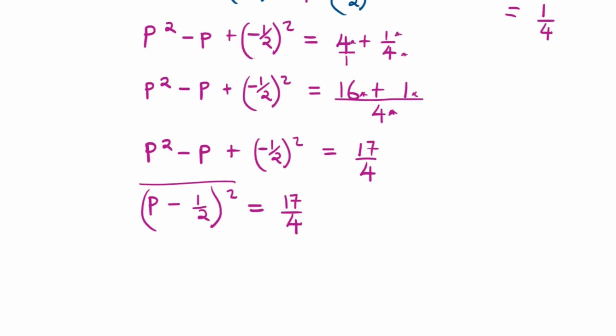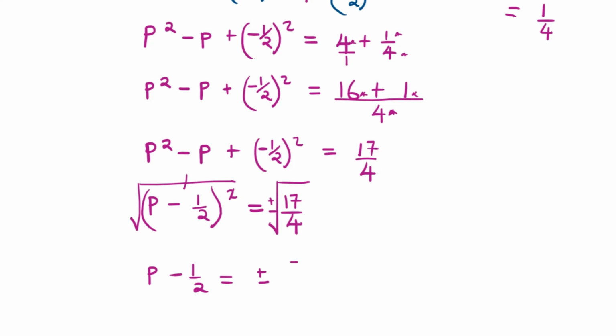So taking the square roots now, on this side, positive or negative, we are going to have the squared and the square root cancel out. p minus half will just be equal to positive or negative the square root of 17 over 4.